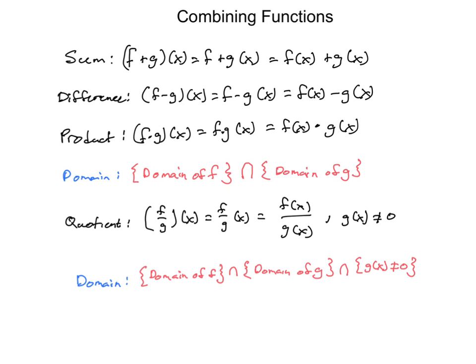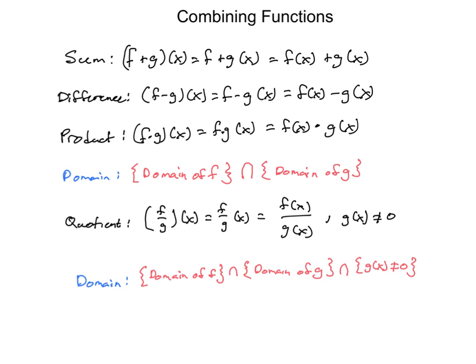Now the quotient is a little bit different because you have an additional issue that comes into play. (f/g)(x), or f divided by g, or just f over g, means f of x divided by g of x. Because g of x is in the denominator, we know g of x cannot equal 0.